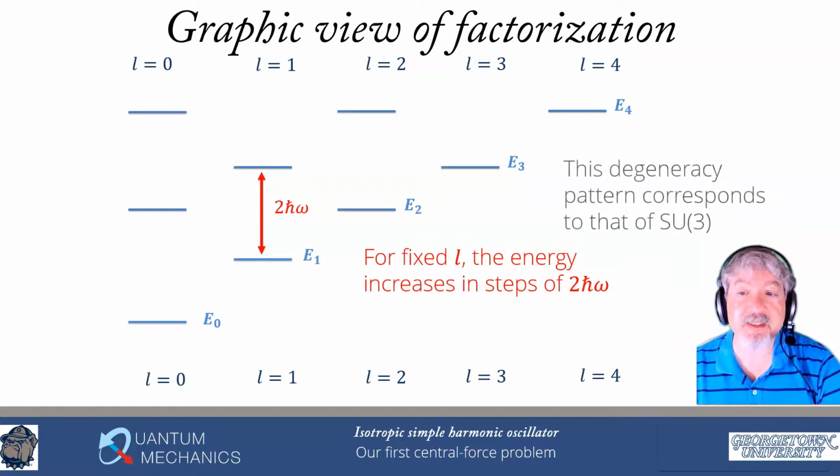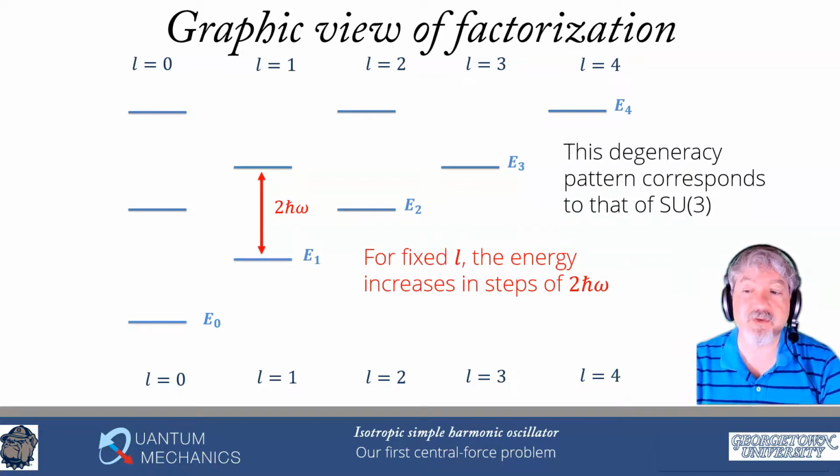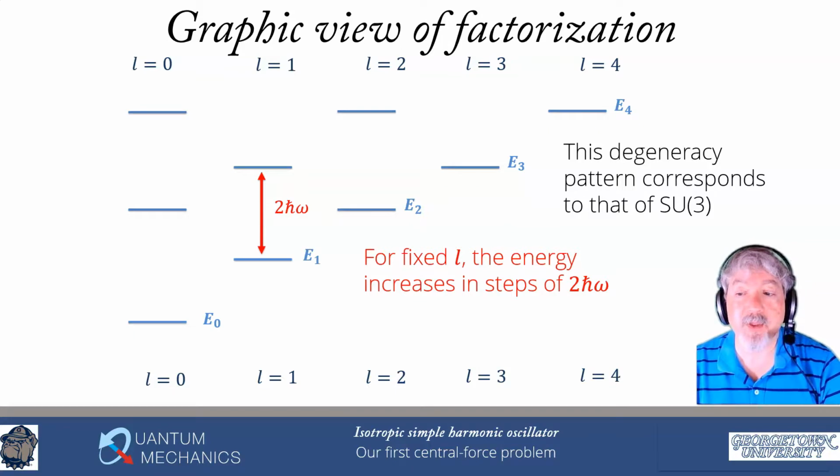This pattern is actually the degeneracy pattern that happens from a hidden SU3 symmetry. Now, I don't have the time to carefully go through and discuss what the SU3 symmetry is, but we will have a homework problem that will discuss some of the issues relating to this SU3 symmetry.